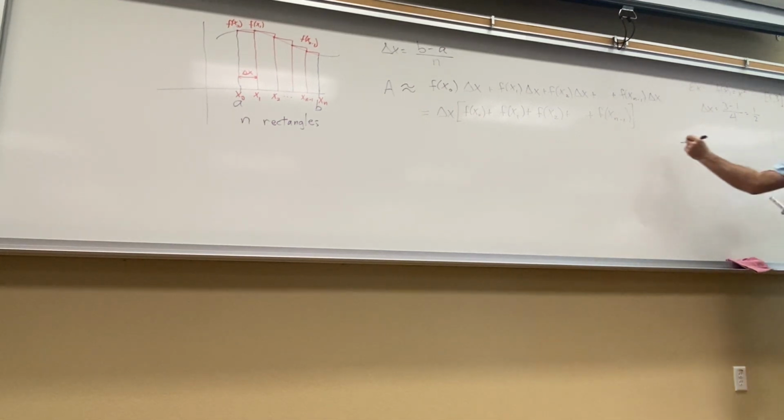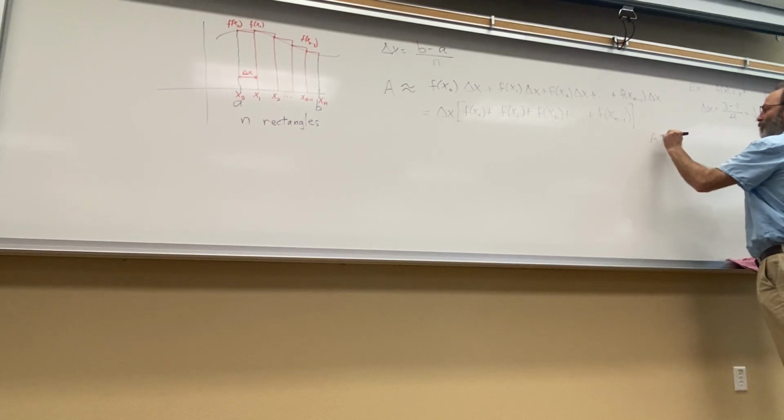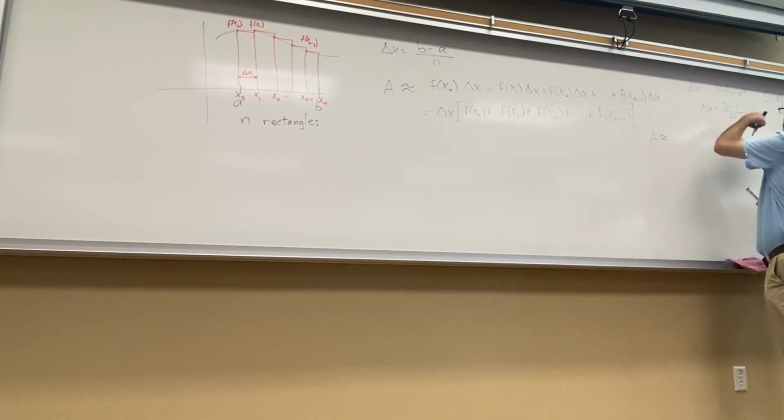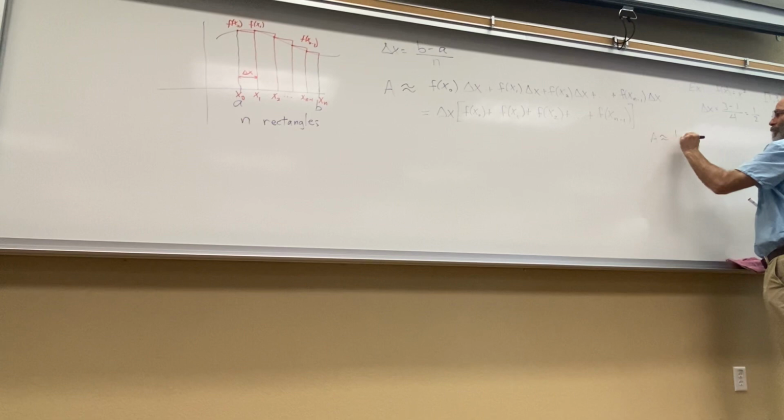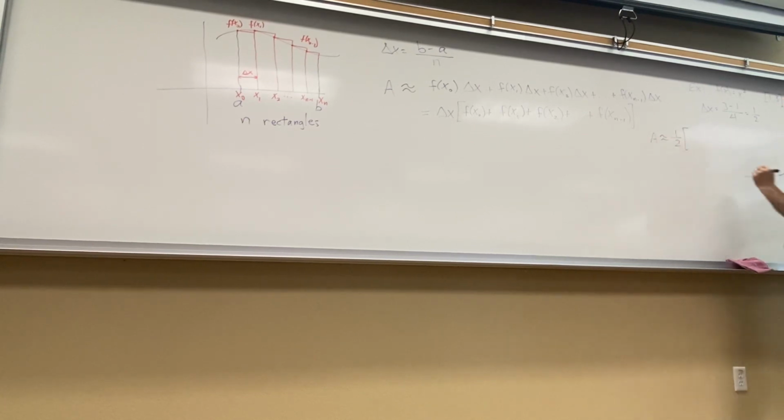Okay, so our area is going to be approximately equal to delta x times f of 1, f of 1.5, f of 2, f of 2.5.